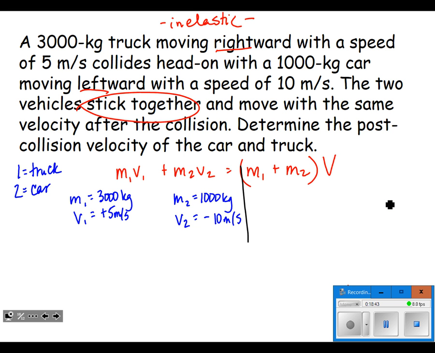Okay, then I'm just looking for my V value of them combined. Their masses don't change, they just stick together.